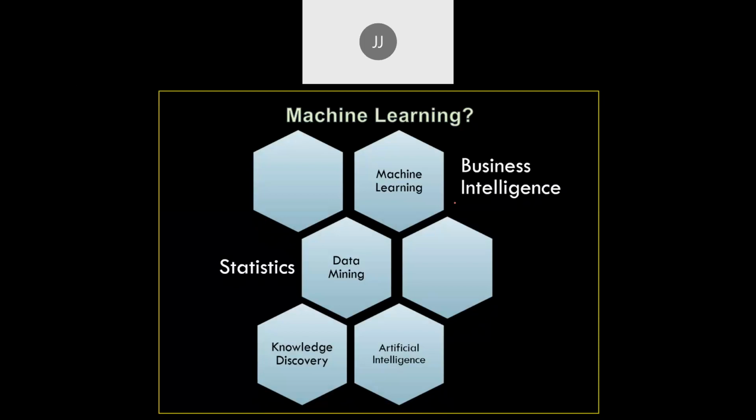But when we look at the definition of machine learning, they are referring to an algorithm that learns your data. Basically they are focusing on the development of computer programs that can access data and use the data to learn some pattern from data.